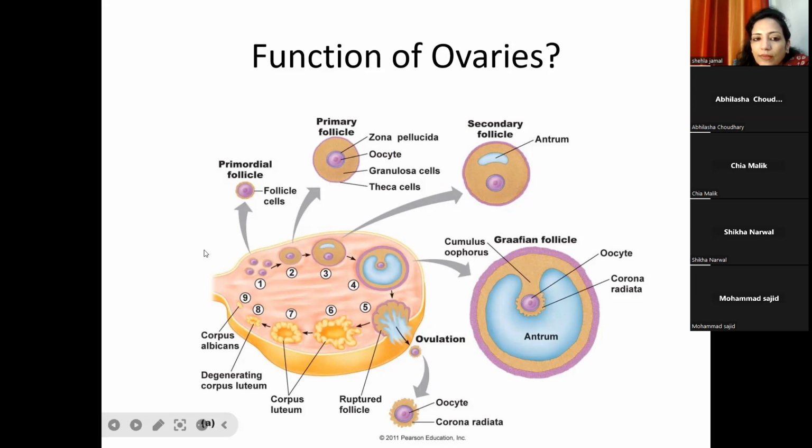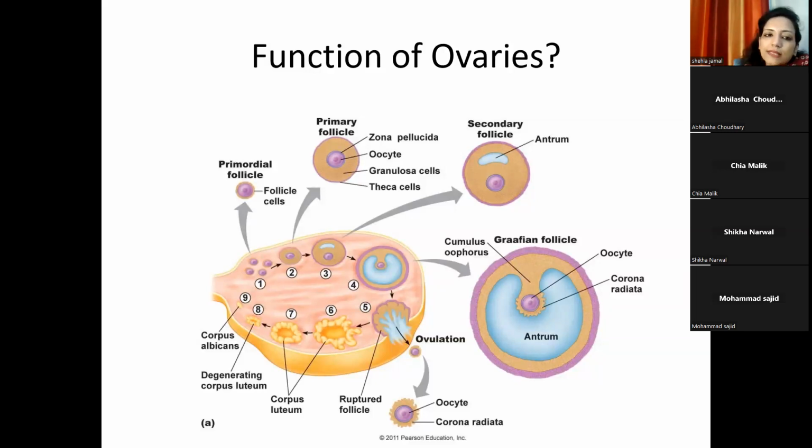First and foremost, if we revise back, it is production of estrogen from follicular cells. Then these follicular cells are recruited to form one dominant follicle. This dominant follicle then ovulates, becomes corpus luteum, and produces progesterone.